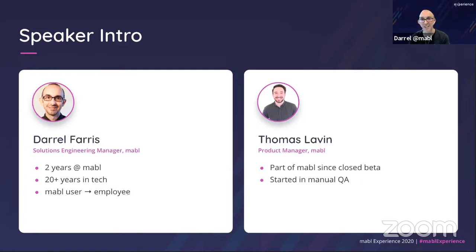I'm Daryl Ferris. I lead our team of solutions architects at mabl. That means I help teams who are new to the product evaluate it, determine whether it's a good fit for their needs, whether it's going to feel good in their workflows, and ultimately whether it's going to be the solution that helps get them to the next level in their testing efforts. I've worked for around 20 years in tech, all sorts of roles, starting off working at an internet provider, maintaining servers and modem banks.